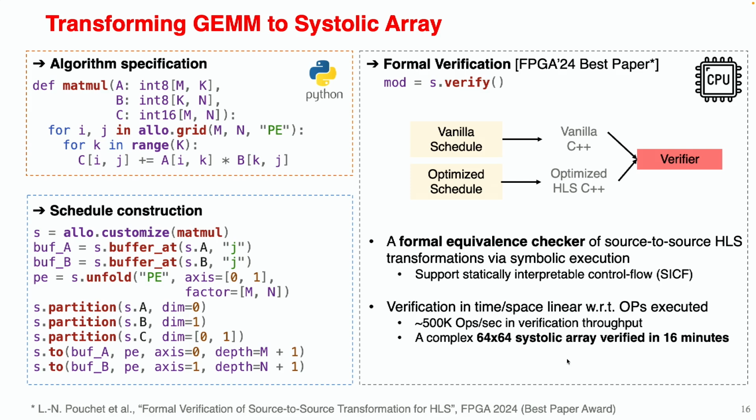So we integrate a formal equivalence checker that we proposed in the FPGA '24 paper to formally verify the equivalence of the transformed module and the vanilla module. This verifier uses symbolic execution and can currently support statically interpretable control flow and verify large designs very quickly.